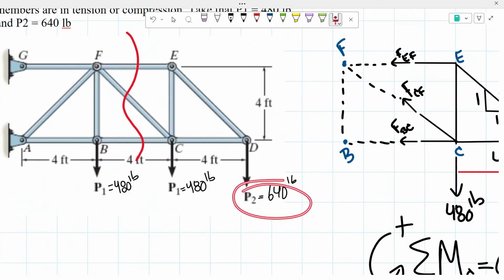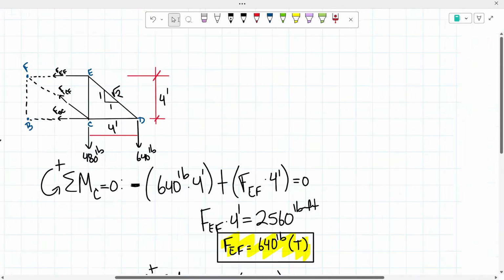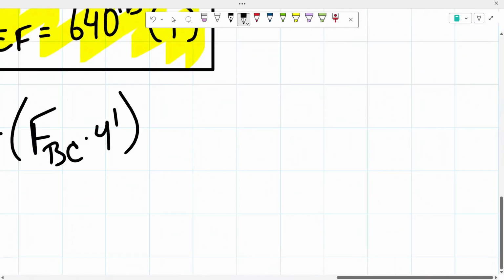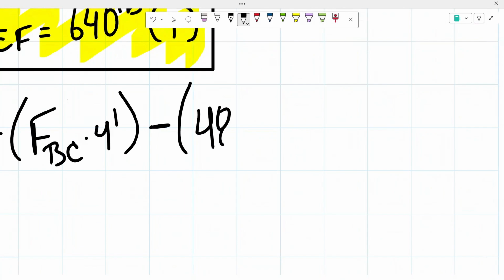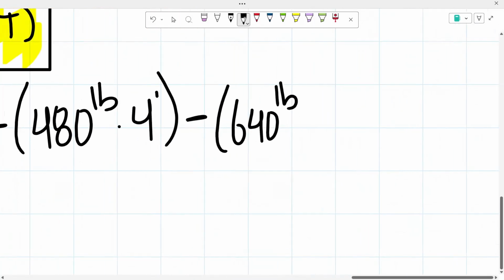Now for the second one, it's going to have a force of 640 pounds, but the distance from here to here is 8 feet. So we're going to write that down. So both of them are negative moments. The first one has a value of 480 pounds times the distance of 4 feet. The other one has 640 pounds with a distance of 8 feet.